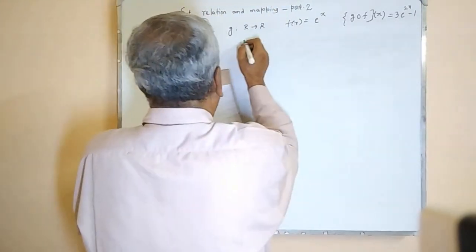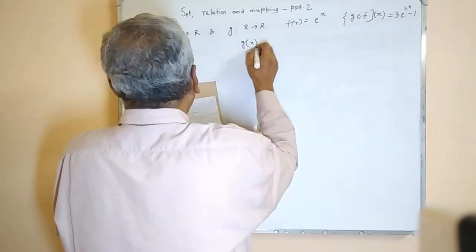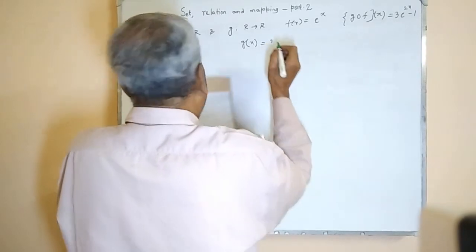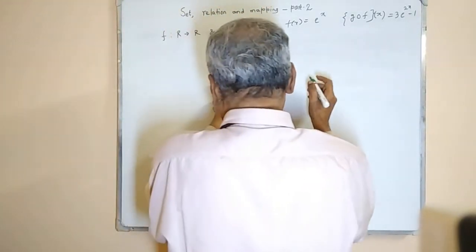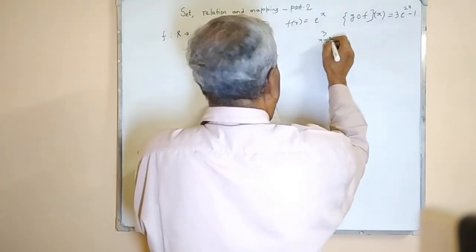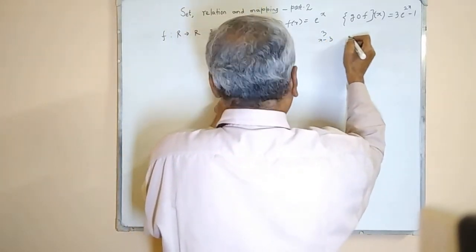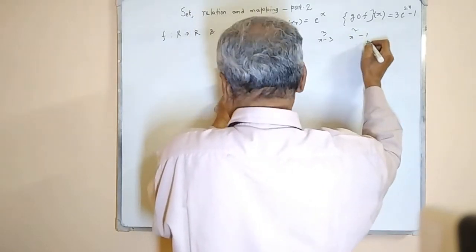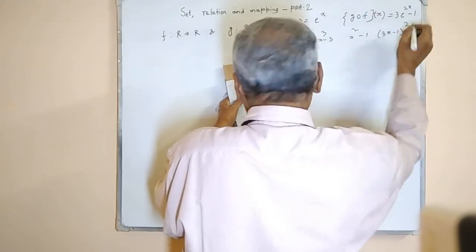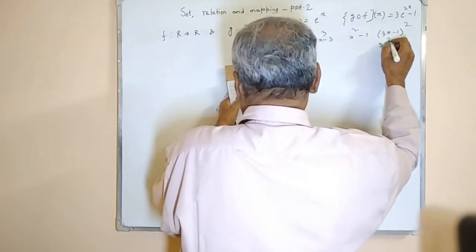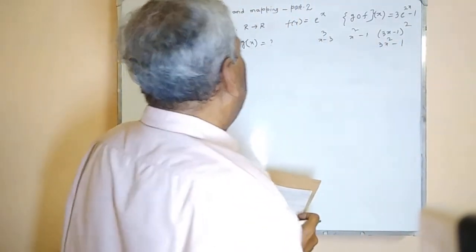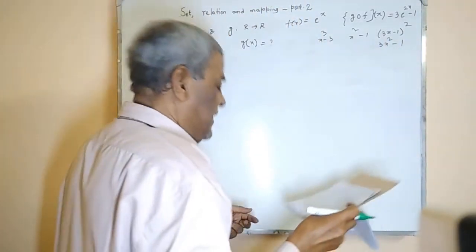g(x) is to be calculated, and the options are x cubed minus 3, x squared minus 1, (3x minus 1) whole squared, and 3x squared minus 1.